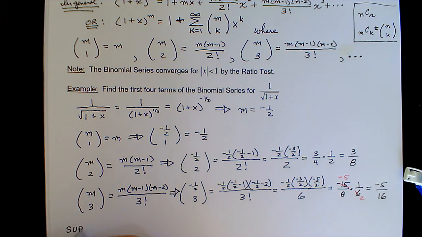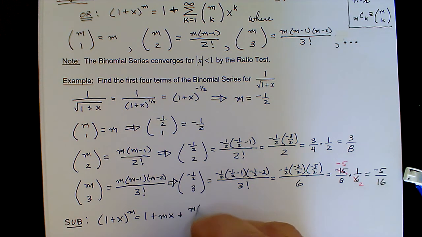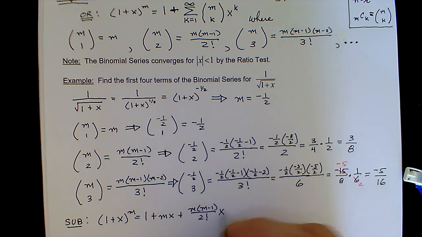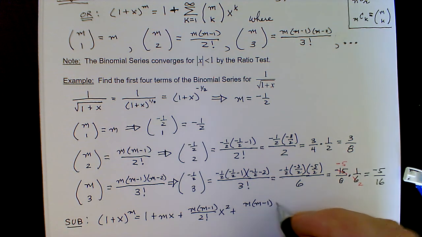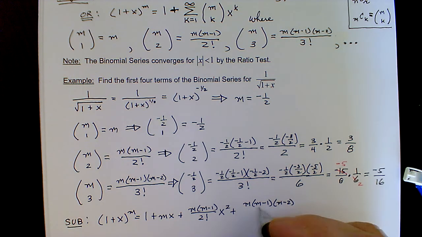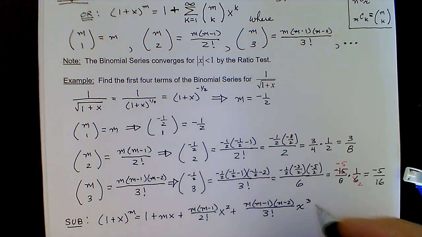Alright, so now we substitute into, if you want to rewrite the formula, in general, 1 plus x to the nth is 1 plus mx plus m times m minus 1 over 2 factorial x squared plus m times m minus 1 times m minus 2 over 3 factorial x cubed.